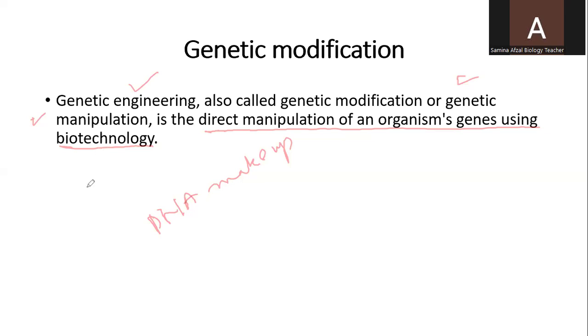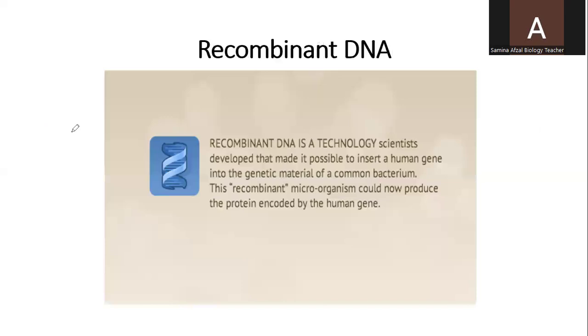Next is recombinant DNA. Recombinant DNA is a technology scientists developed that made it possible to insert a human gene into the genetic material of a common bacterium. So the bacterium will act as a vector which will carry these human genes.